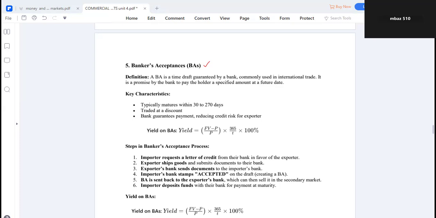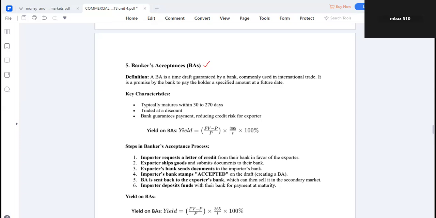So a banker's acceptance is a short-term and negotiable instrument that is issued by a company and is guaranteed or accepted by a commercial bank. It's usually used in international trade transactions, typically for payments for goods and services in the future. So it works like a post-dated check in simple language.